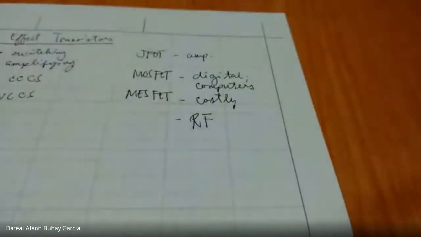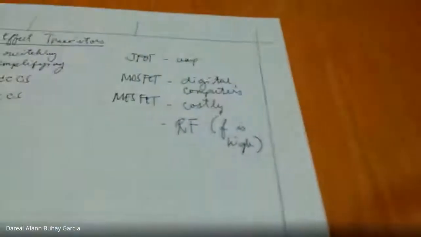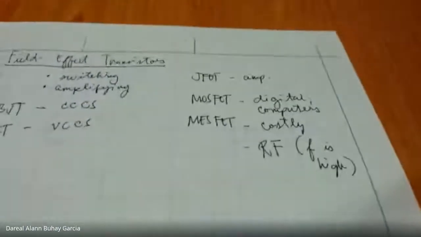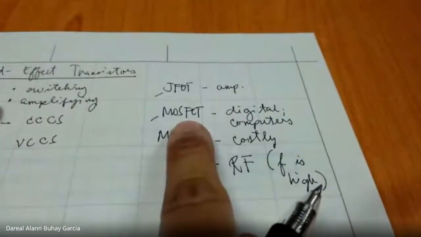And it is more useful in RF or radio frequency applications, so high frequency circuits where the frequency is high. But for the remainder of our discussion, we will be focusing on the JFET as an amplifier and the MOSFET as switches.